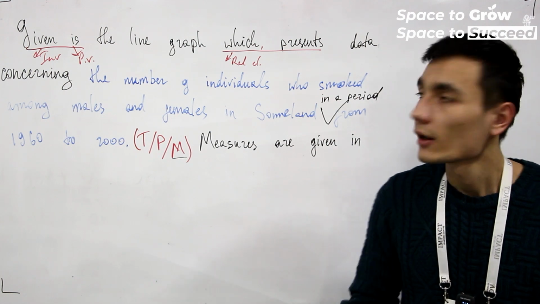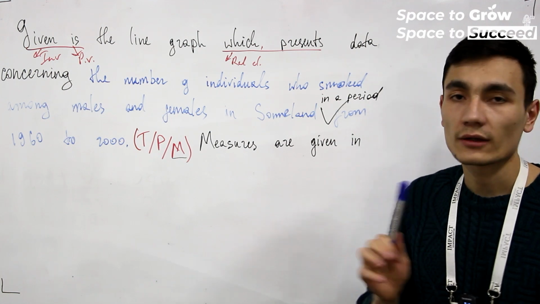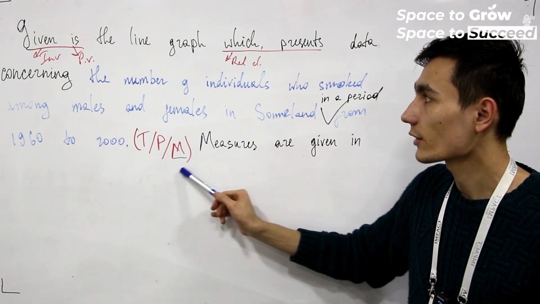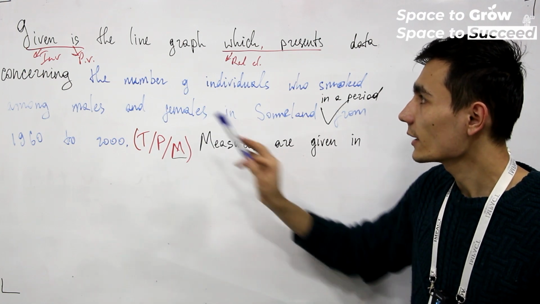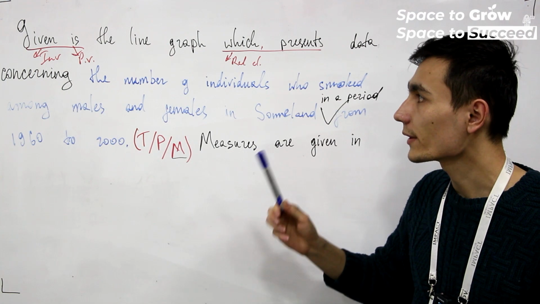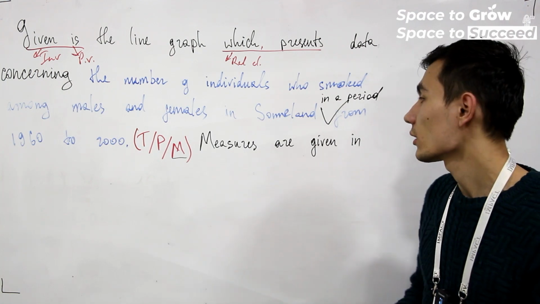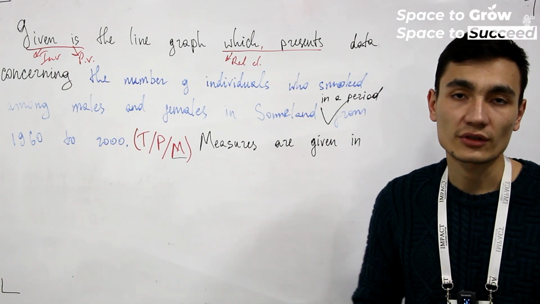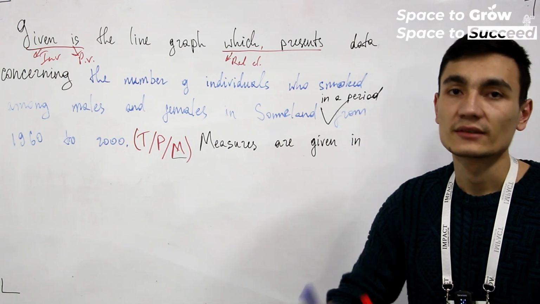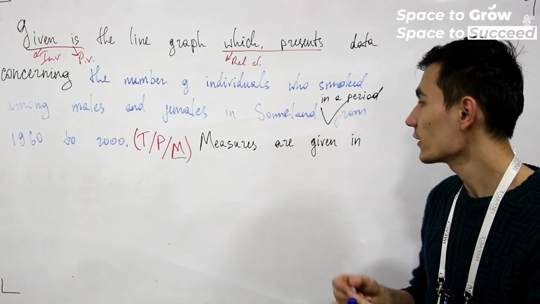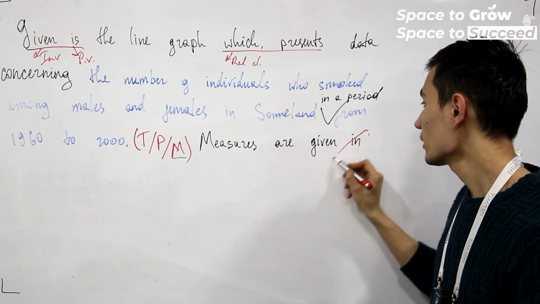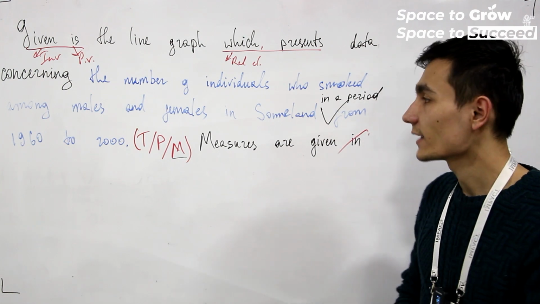As you saw, the explanations in this video are given in red color, the templates, the thing that you have to copy, are given in black color, and the rest will be in blue color. Measures are given, and as you see, it is per 1,000 people. So in this case, we don't need the preposition in, we just use per 1,000 people.